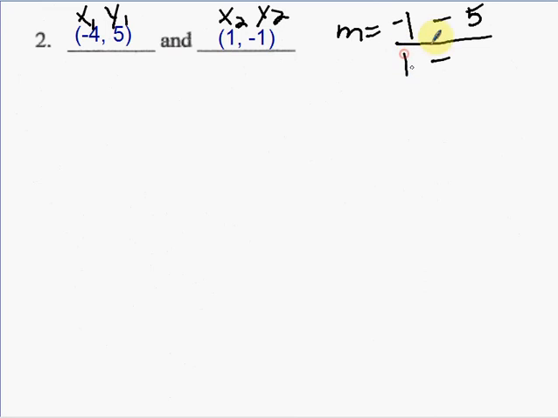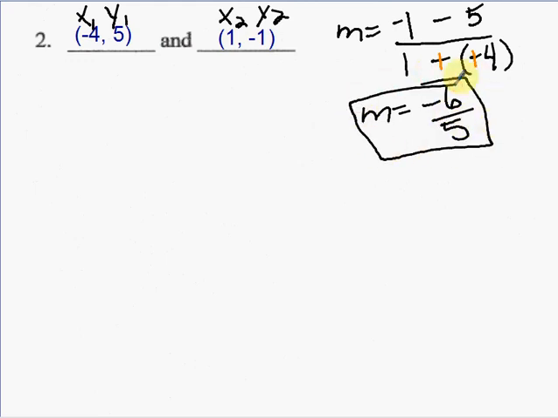X2 is 1 and X1 is negative 4. So we'll put that in parentheses. Alright, I see a back-to-back minus sign. That's a plus. And so our slope is negative 6 over 5. And I'm going to box that because that's half of the information that we need.